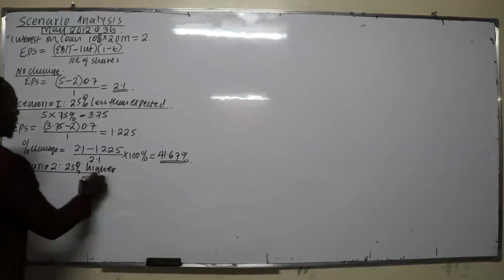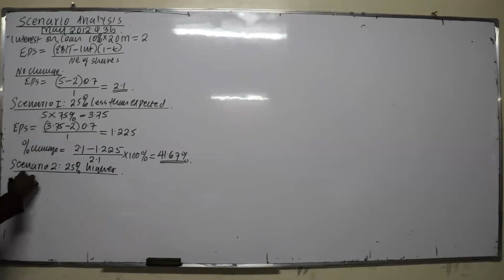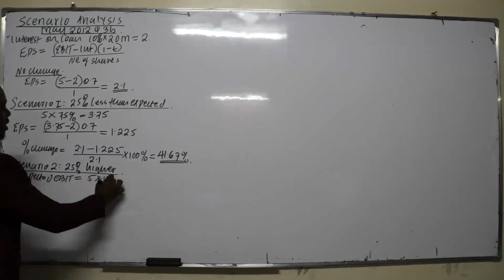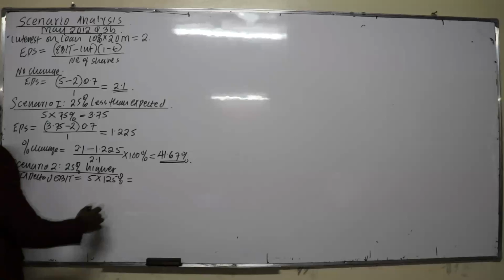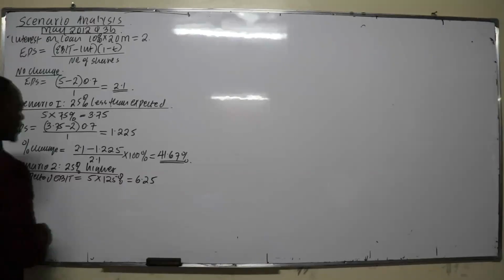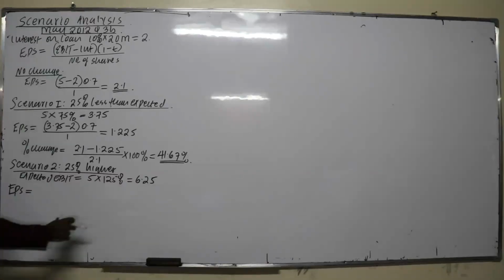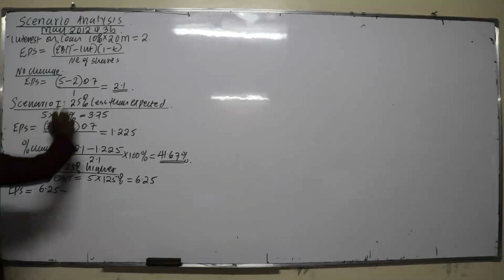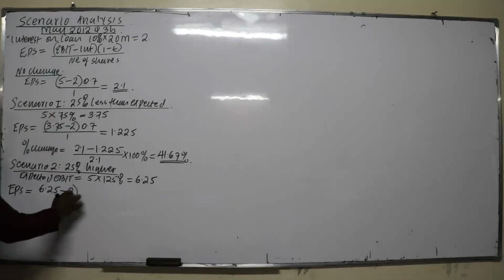So therefore, the expected EBIT will be 5, you multiply by 125, and you get 6.25. Good. So now let's get the earnings per share. EBIT 6.25. You deduct the interest of 2 million, then you less tax.